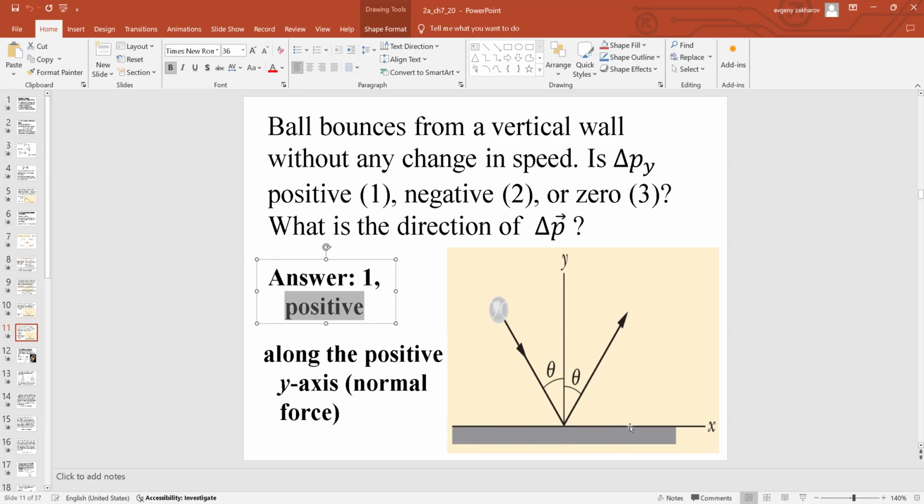The surface is horizontal, and perpendicular to that horizontal, you got the normal reaction force from the wall onto the ball. So normal force generates the change in momentum. Normal force is your net external force. And that's why you change your direction, and change in direction is a change in momentum.